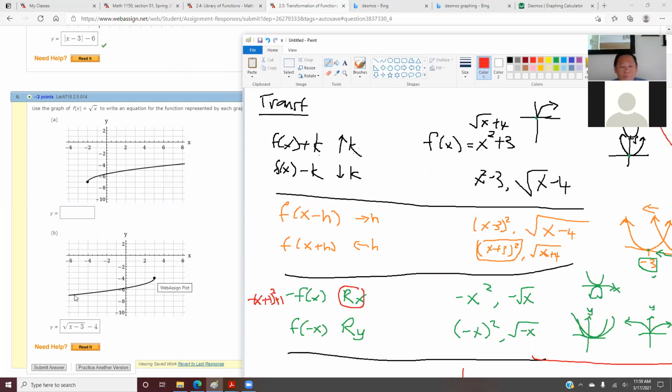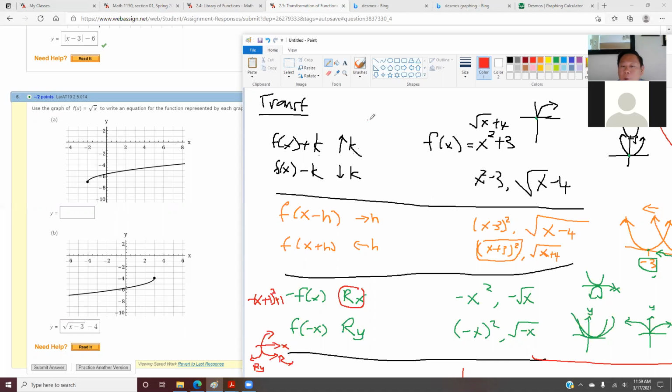Is it the reflection of the x-axis? If you reflect this graph on the x-axis, it will only go like this. So if you want it to go this way, it actually has both reflections: reflect on the x and reflect on the y.